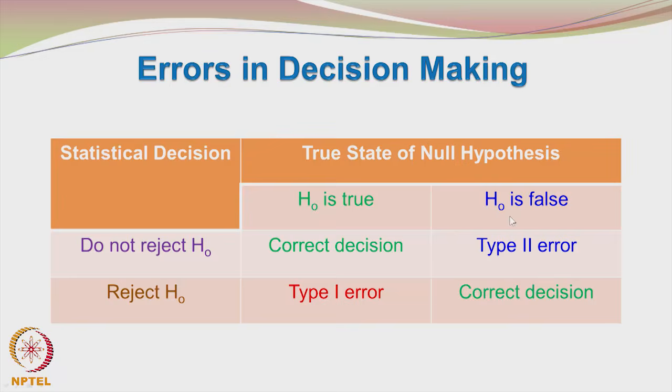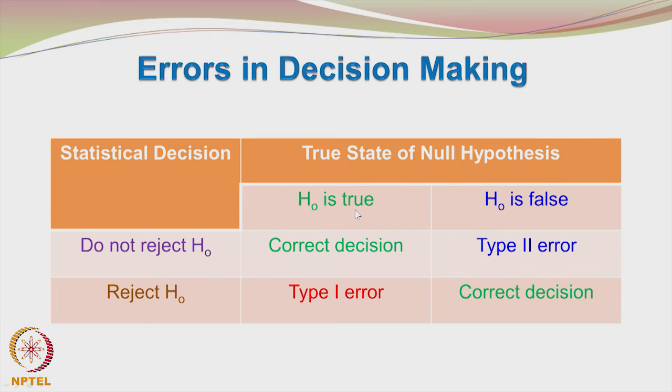So, the decision making is always associated with errors. Nobody can really say that all the decisions have been completely correct. So, we have to see what are the possible errors in decision making. So, let us look at this table. Here the columns are headed as H naught is true and H naught is false.